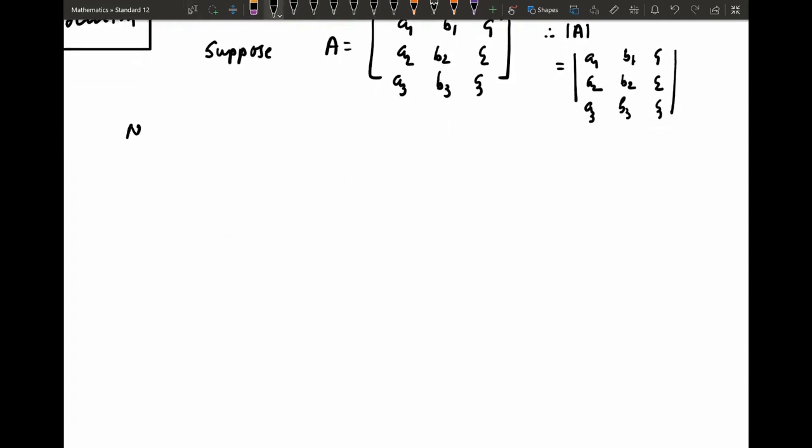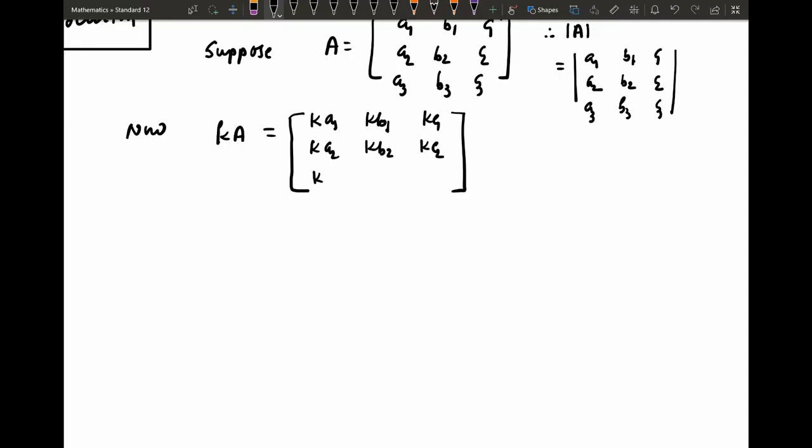Now k times matrix A. So each entry of matrix A is multiplied by k. So this is KA1, KB1, KC1, KA2, KB2, KC2, KA3, KB3 and KC3.